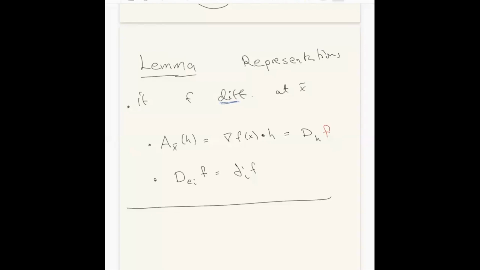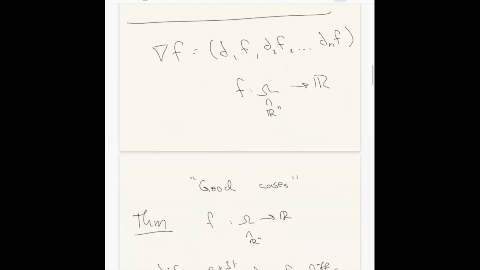The gradient for us is nothing other than the vector of partial derivatives, partial 1 of f, partial 2 of f, etc., up to the nth partial derivative if you have a function from R^n to R, or some subset thereof. And we also observed that the directional derivative is the same thing as the partial derivative if you go into the coordinate directions. So this was this lemma.